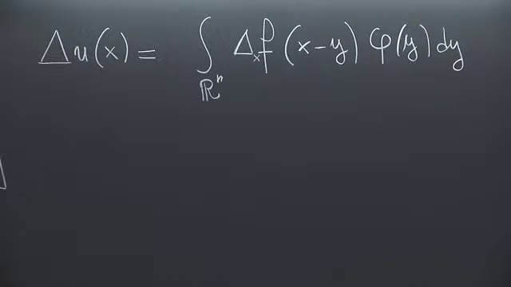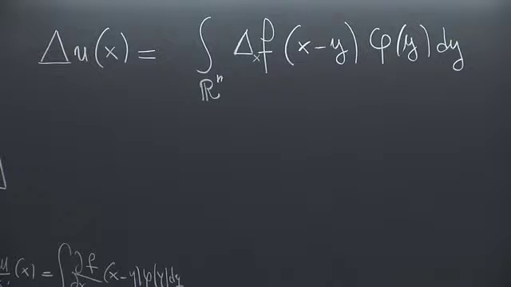For instance, from this kind of argument, for homework, you see that du over dx_i at x is equal to, by the usual property of the convolution, the convolution of the derivative of f with phi.